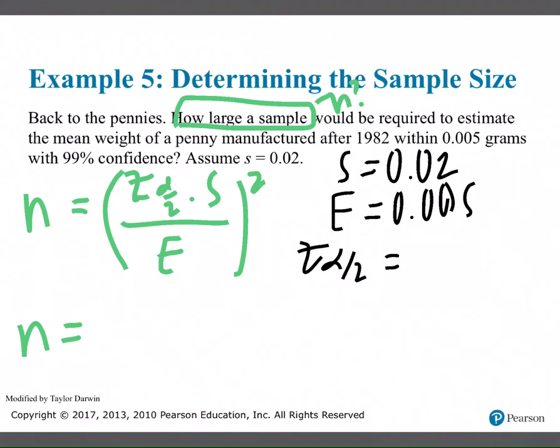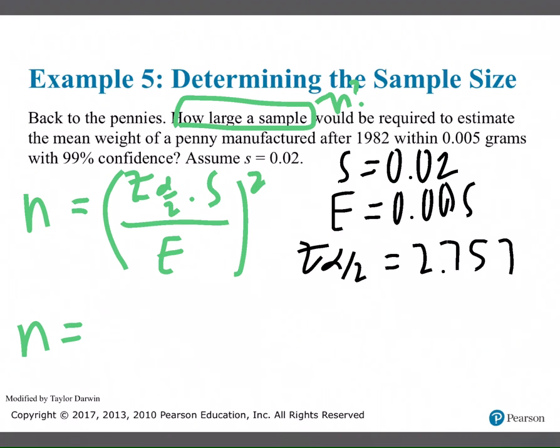We can go to our z-score chart and just look it up in that bottom right-hand corner, the critical value, and we have a 99% confidence, so the critical value that goes with 0.99 is 2.575.